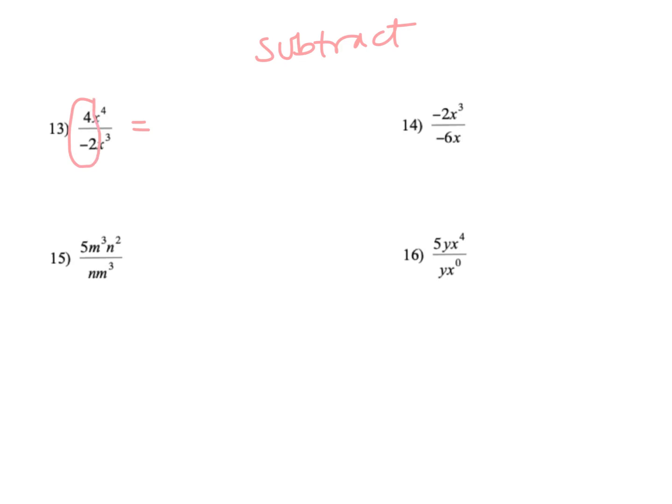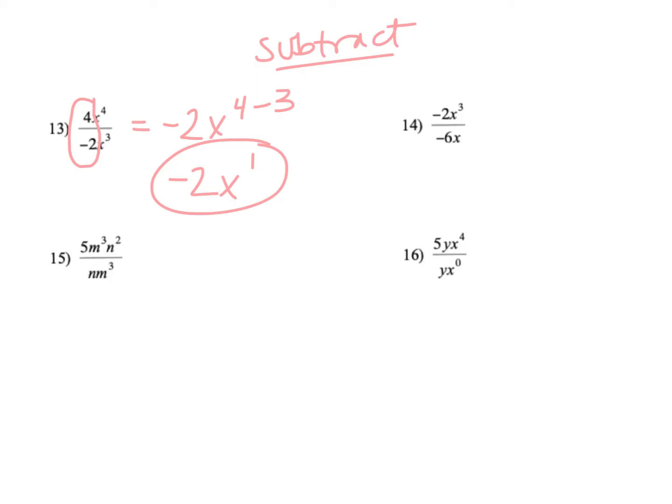But I can divide those just like regular numbers. 4 divided by negative 2, which is negative 2. For my rule, I'm going to keep the base and I'm going to subtract the exponents. So my final answer is negative 2 and x to the first.